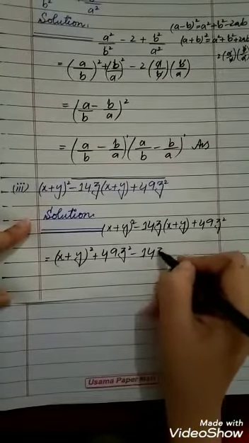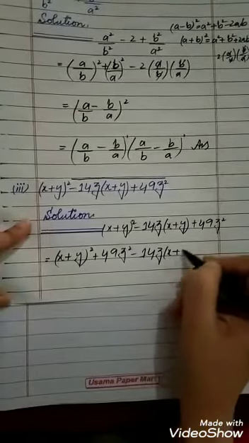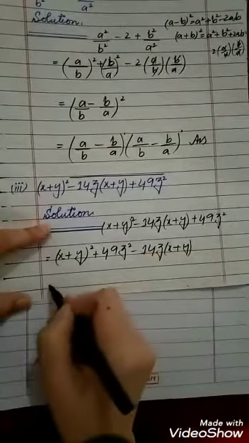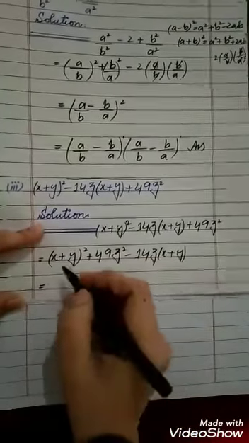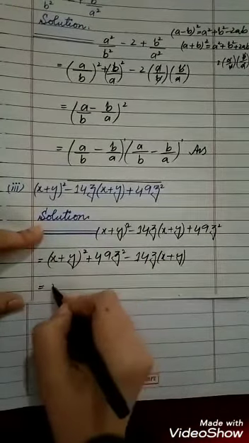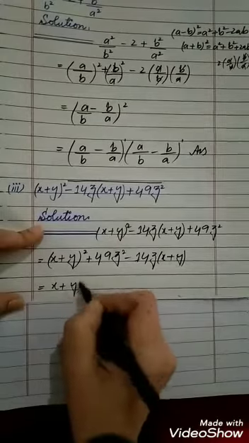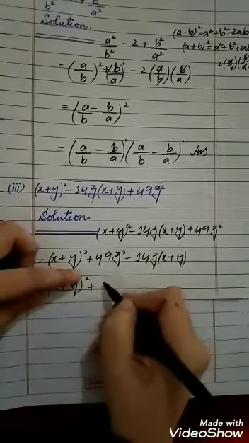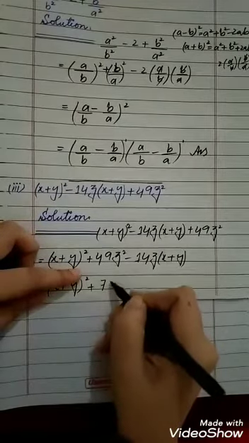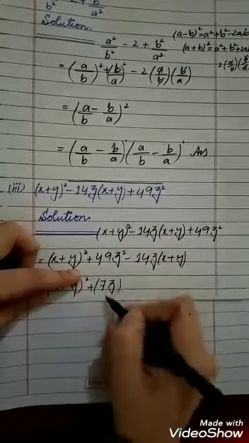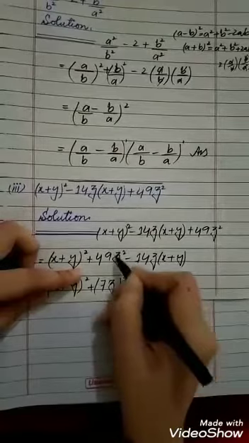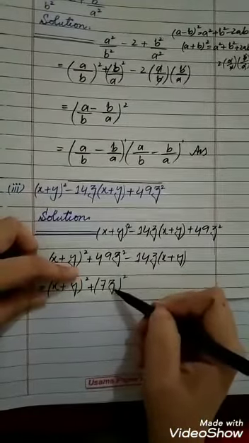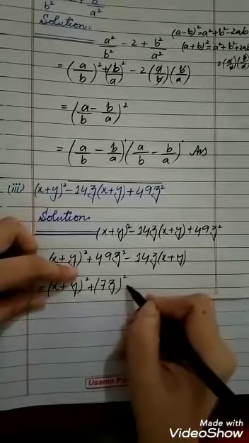Minus 14z into x plus y. We have to make complete square formulas here, so that will remain the same because it's already made. 49 is the square of 7 and z square is the square of z. As we will multiply both 2 times, 7 times 7 is 49 and z times z is z square.